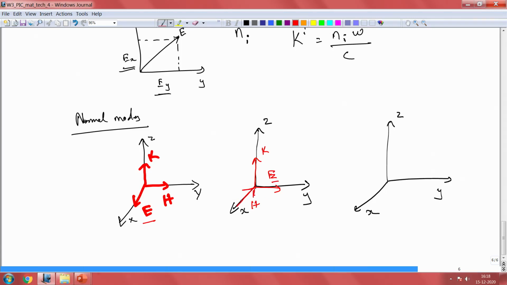And there is another scenario where light is propagating on Y, you have E here and then H in this direction. So these things are possible.